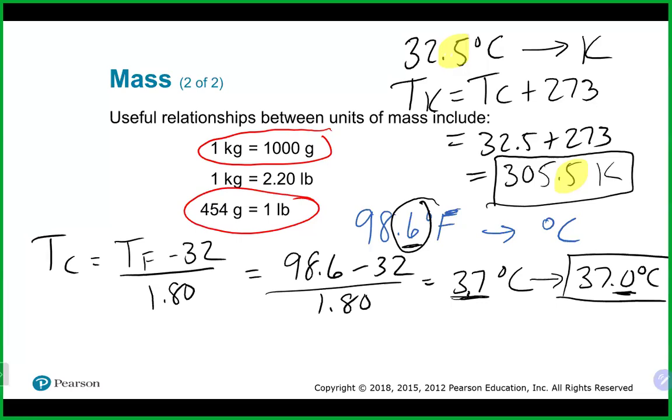Otherwise, we lose some significant figures. This rule is a little different than other rules we talk about. This rule of make it look like the original number is specific only to temperature to temperature conversion. So if you're just converting the temperature, that is the general rule of how you should end your answer. Other questions?